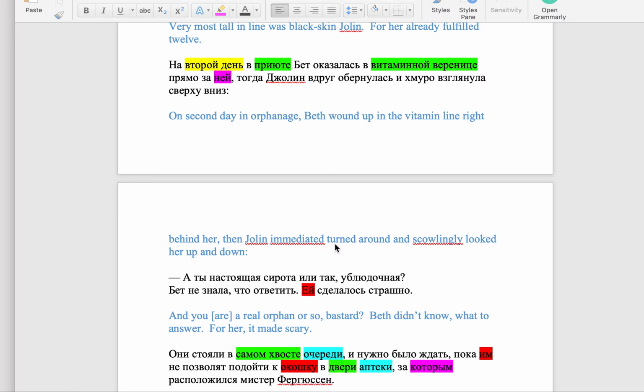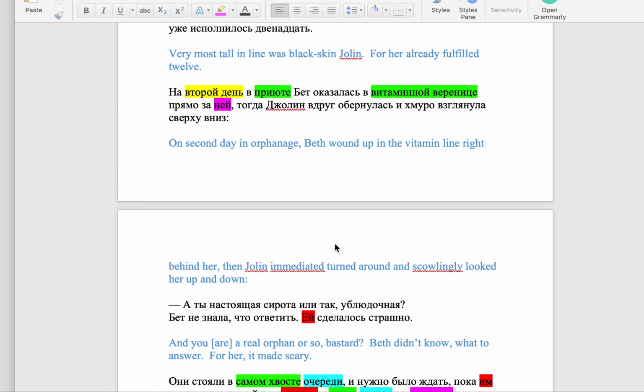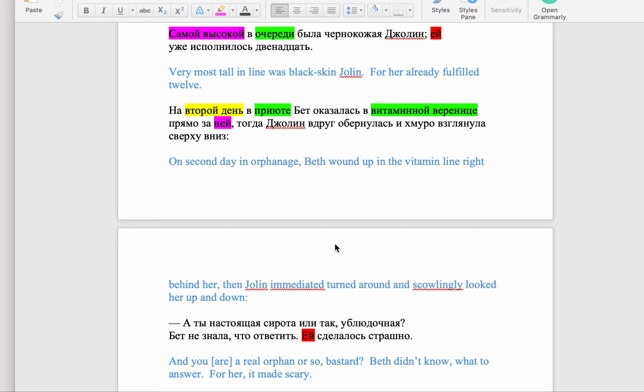Okay. На второй день в приюте Бет оказалась витаминной вереницы прямо за ней. Тогда Джолин вдруг обернулась и хмурно взглянула сверху вниз. Okay, so на второй день. Na can often mean prepositional case is going to follow, but as we learned with v, oftentimes it can be the accusative case.